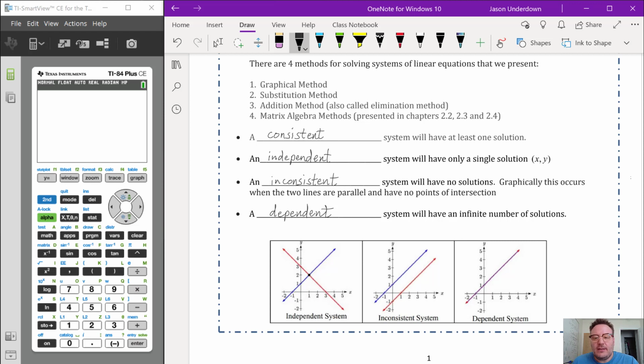Any system that has at least one solution is consistent. I'm going to skip this next definition and go to the one after it. An inconsistent system will have no solutions. Graphically, this occurs when the two lines are parallel and have no points of intersection.